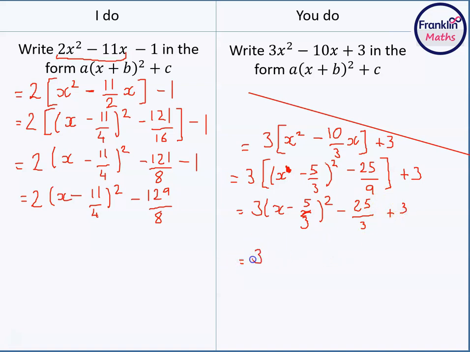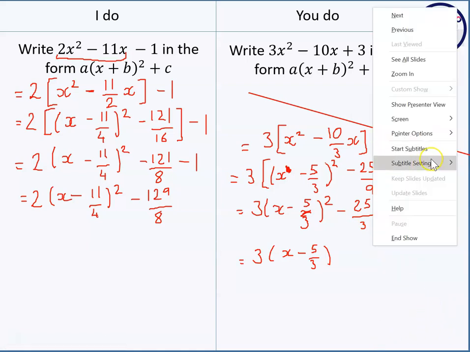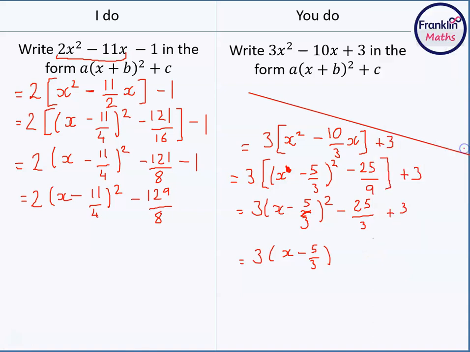Final answer then. Should have already used my calculator. A bit of a jump there because I had a bit of a technology problem. Where's my mouse gone? There it is. Back to pointer options. Apologies for that.